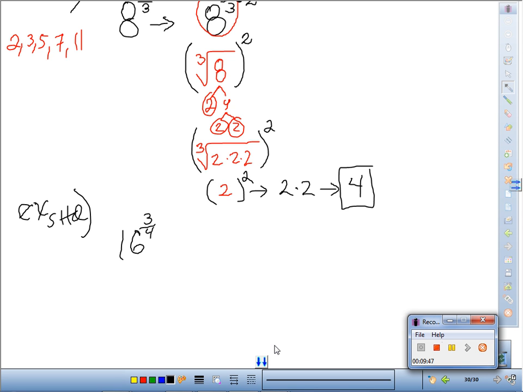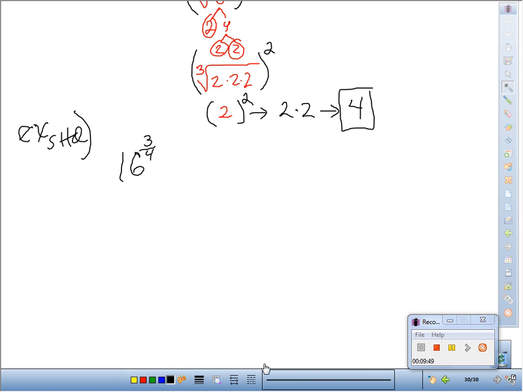Steps. Okay, so for this one, first things first, we need to rewrite it. This becomes 16 to the 1/4 times 3. Okay, good. From there, you circled what you already know, which is this. We know how to do that. That becomes 4th root of 16.